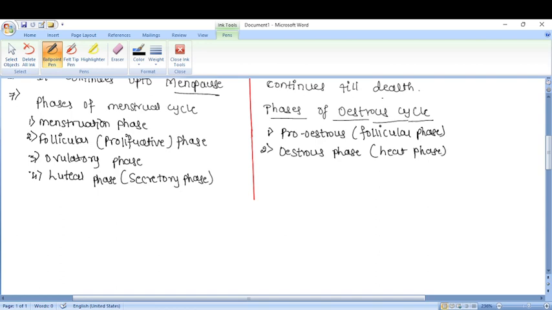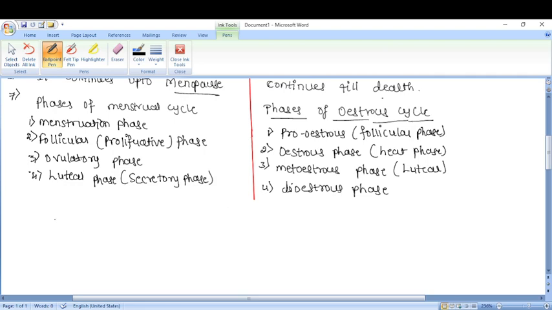Next, third one is met-oestrus phase, which is the luteal phase. Last one is the dioestrus phase. This is about the phases of the menstrual cycle and the phases of the oestrus cycle.